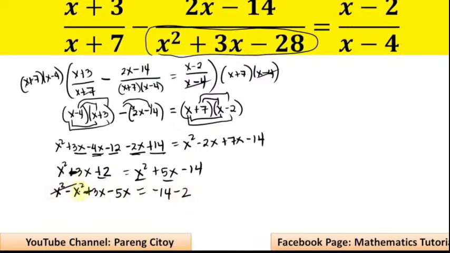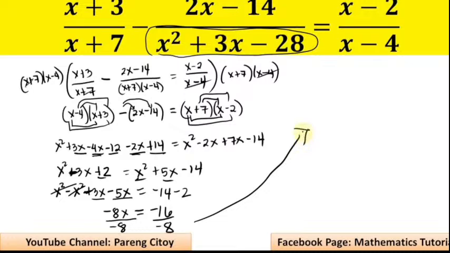So ito ma-eliminate. So we have 3x minus 5x, that is negative 8x, equals negative 16. Then divide both sides by negative 8. So the value of x is x equals positive 2. So that is our final answer.